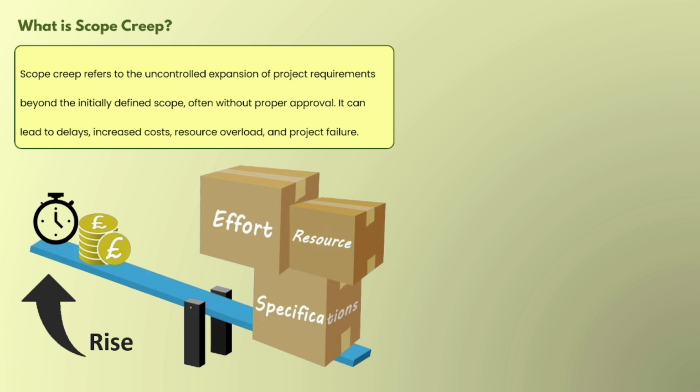And finally, this can lead to delays, extra cost, stressed out teams, and sometimes the whole project can even fail if it gets out of control. So this is a very important thing where business analysts need to look at it very seriously.